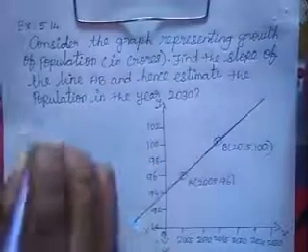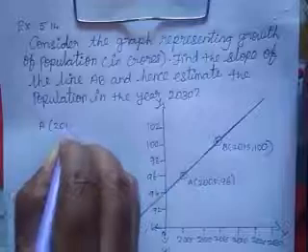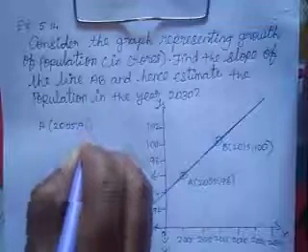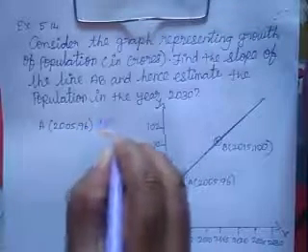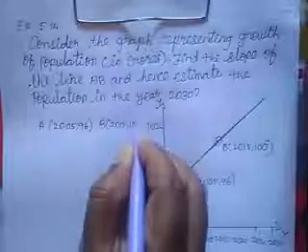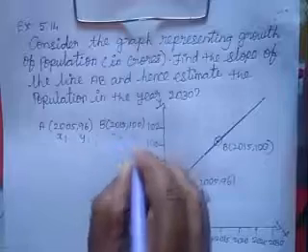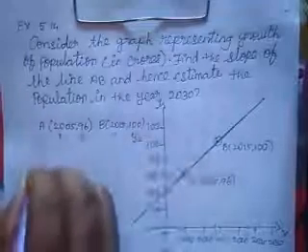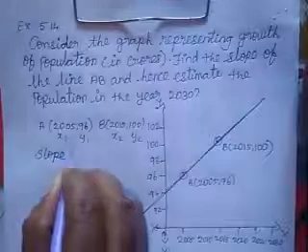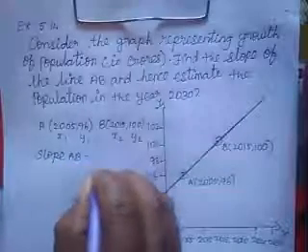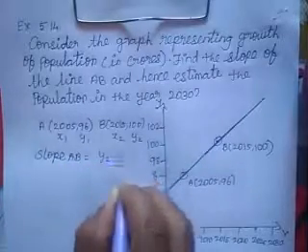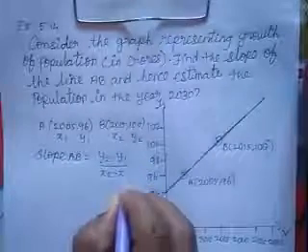So slope of AB is equal to, A is (2005, 96) and B is (2015, 100). So this is x1, y1, x2, y2. Slope of AB is equal to (y2 minus y1) by (x2 minus x1).